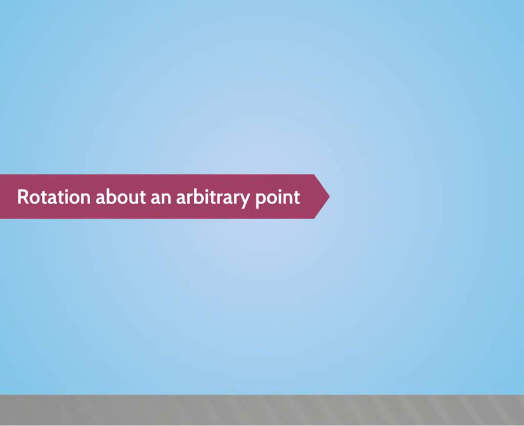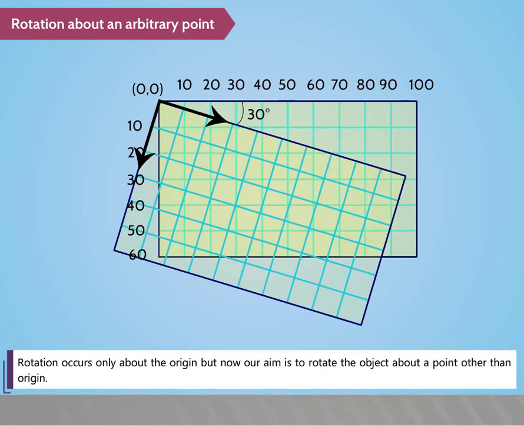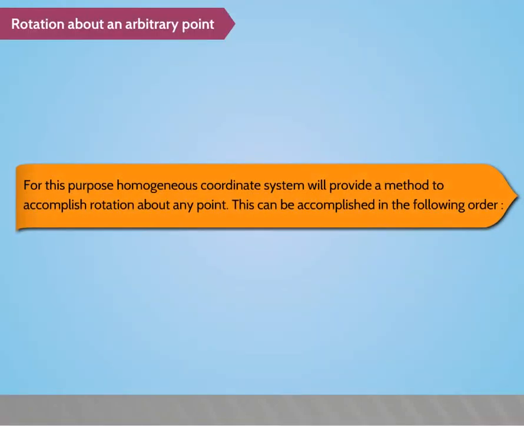Rotation about an arbitrary point. Rotation occurs only about the origin, but now our aim is to rotate the object about a point other than the origin. For this purpose, the homogeneous coordinate system provides a method to accomplish rotation about any point.